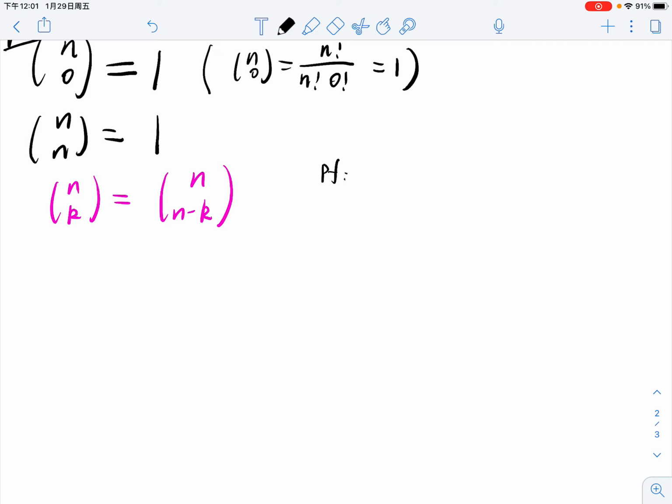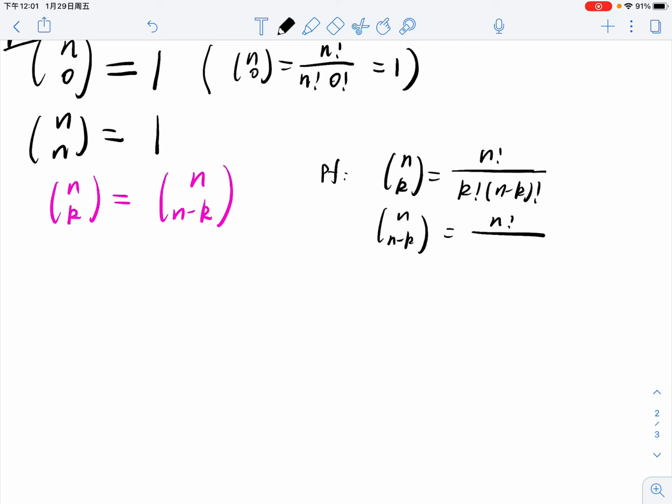Let's give a short proof. This is because n choose k is n factorial divided by k factorial times (n minus k) factorial, and n choose n minus k is n factorial divided by (n minus k) factorial times k factorial.